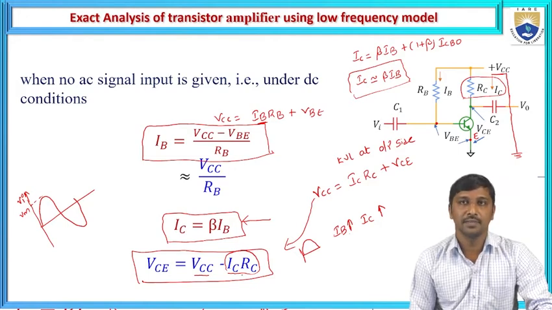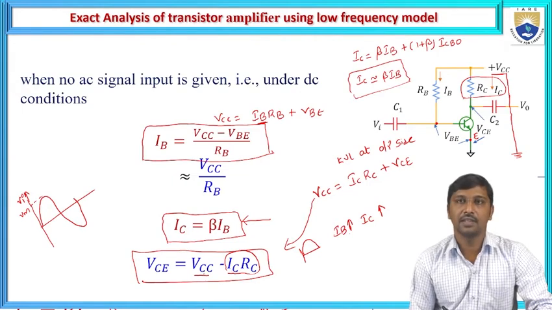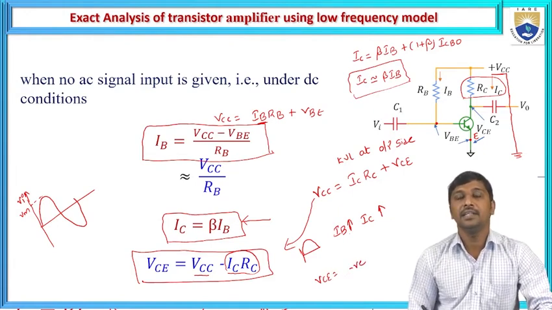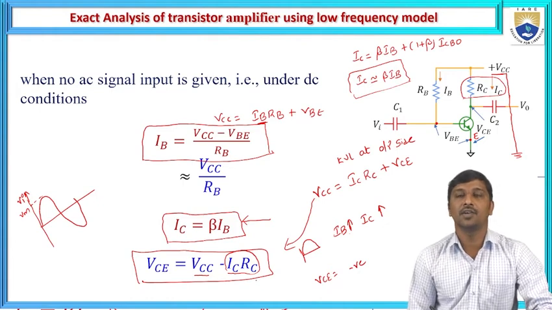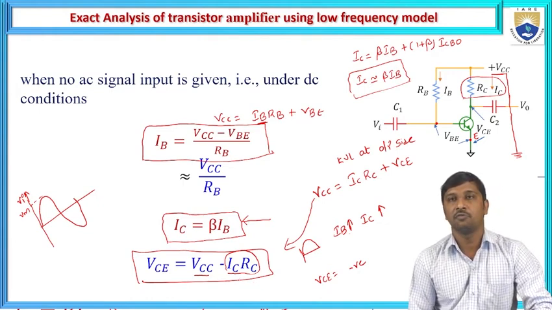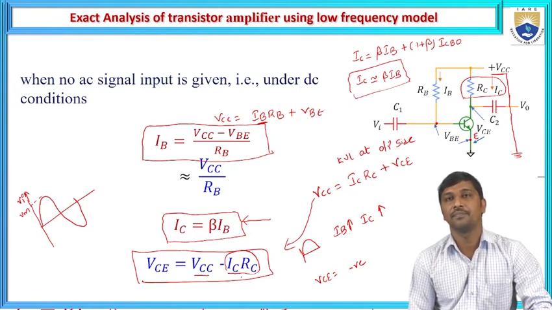Under this situation, it becomes more positive compared with this biasing source, hence VCE becomes a negative magnitude. From that representation, in this common emitter amplifier, the output voltage is 180 degrees out of phase with respect to your input signal.